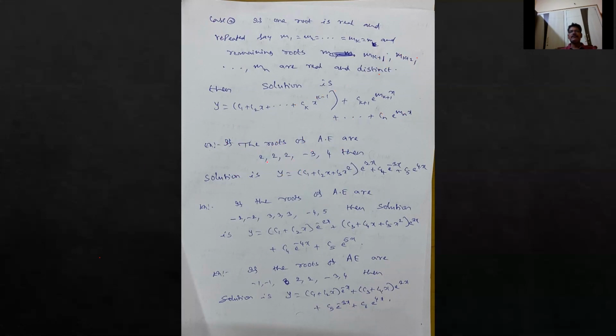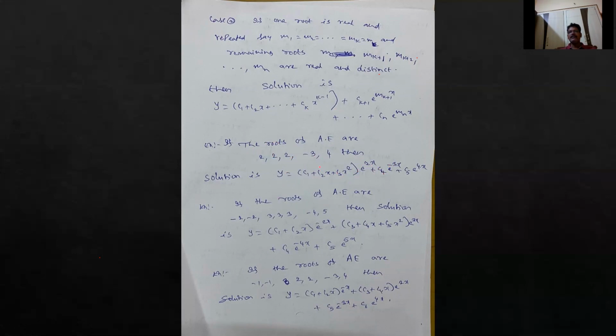Here, 2 is repeated 3 times, and minus 3, 4 are distinct. So the solution is y is equal to c1 plus c2x plus c3x square, e power 2x. Because 2 is repeated 3 times, that's why we have to write c1 plus c2x plus c3x square e power 2x. And minus 3, 4 are different.